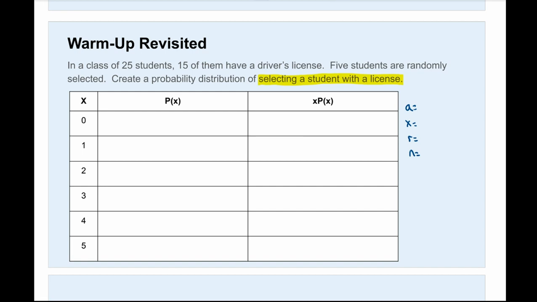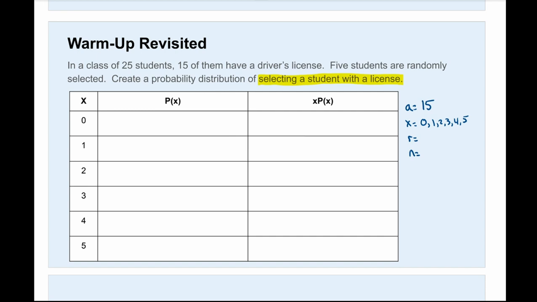So how many successful outcomes are there? In this case, there are 15 of them because there are 15 students with a driver's license. X for our number of outcomes, we're going to be looking at in our chart. We have them as 0, 1, 2, 3, 4, or 5 individuals.